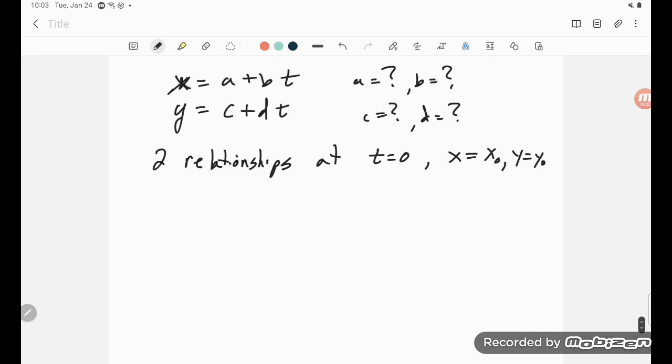So if we substitute t equals 0 into these two equations, we'll get a plus 0, so a is equal to x0, whatever that starting point is, and c is equal to y0, whatever that starting point is.